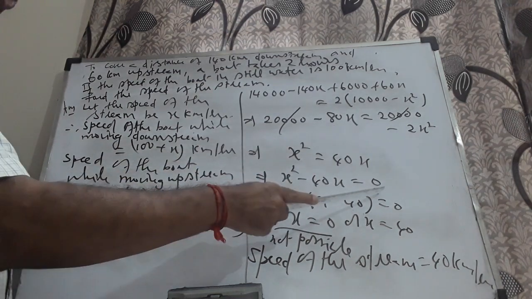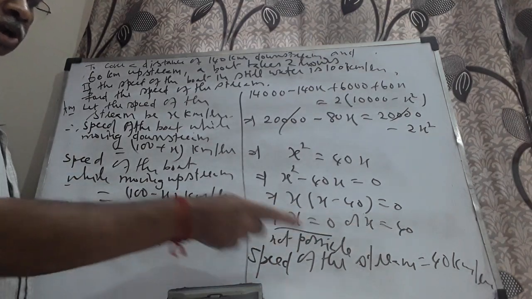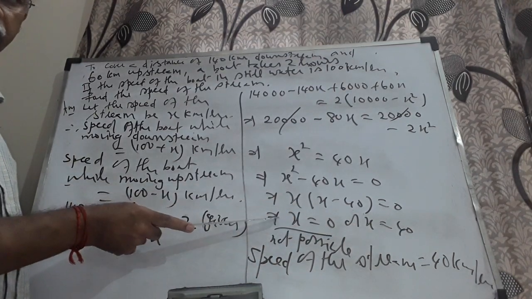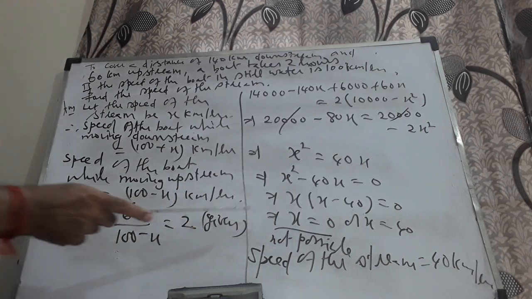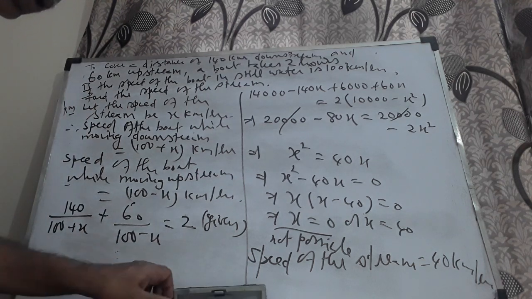So x square minus 40x is 0. x into x minus 40 is 0. x is 0, x is 40. Therefore, x equal to 0 is ruled out. Therefore, the speed of the stream is 40 kilometers per hour. You can just check: 140 by 140 is 1, 60 by 60 is 1, 1 plus 1 is 2. Therefore, my answer is correct.